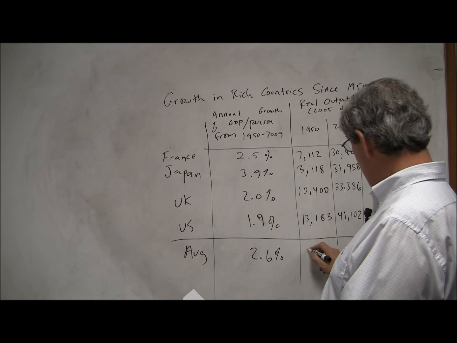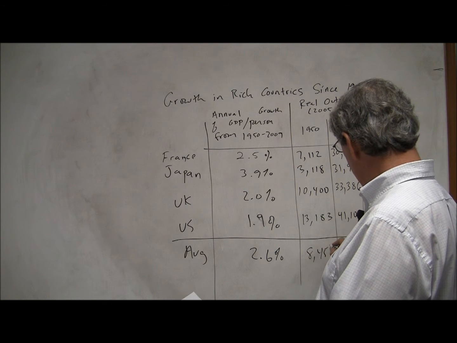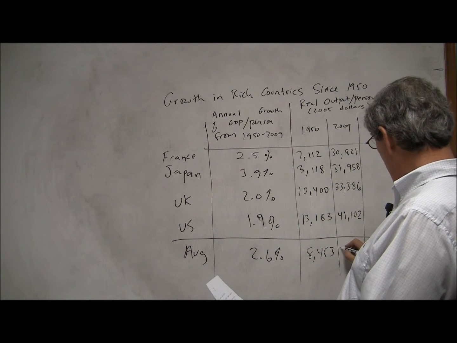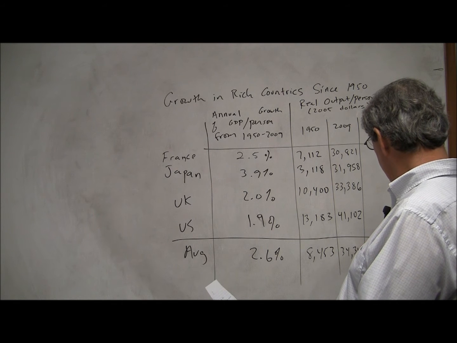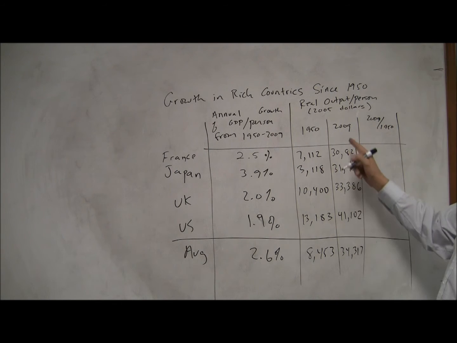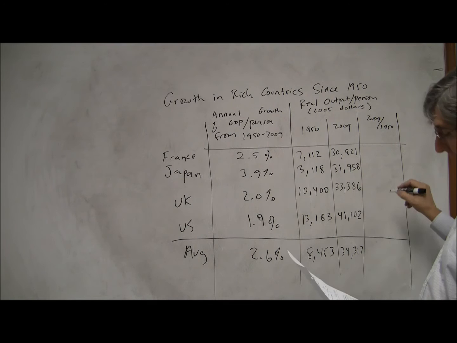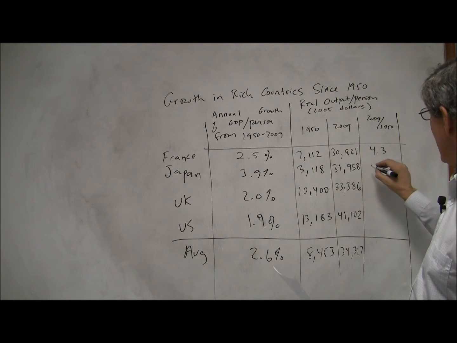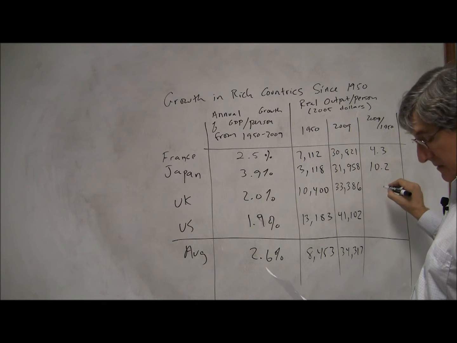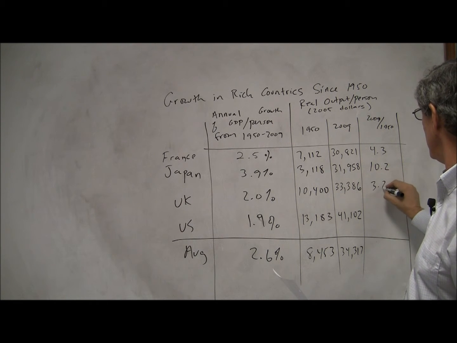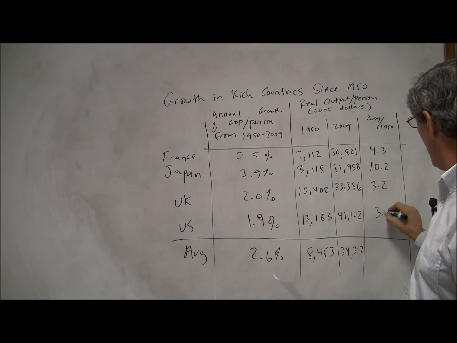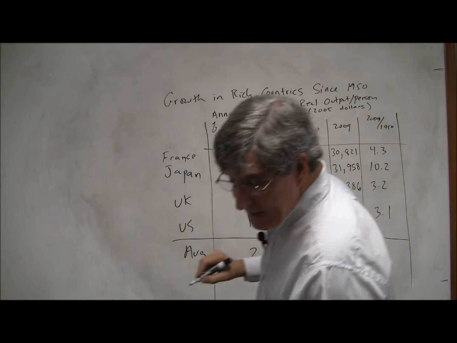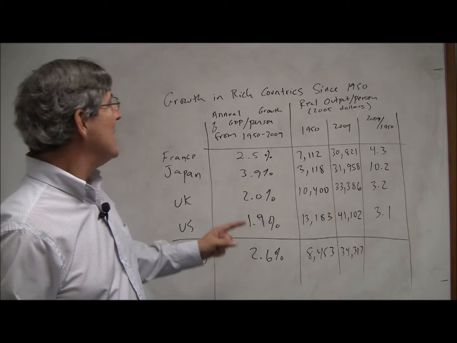The averages here were 8,453 and 34,317. And then we look at the ratio of this to this. It's 4.3, 10.2, 3.2, and 3.1.